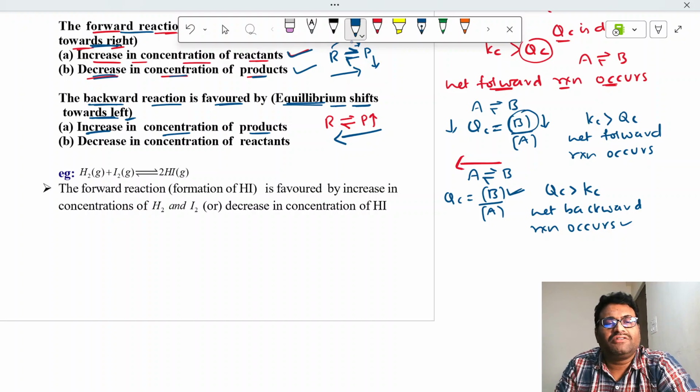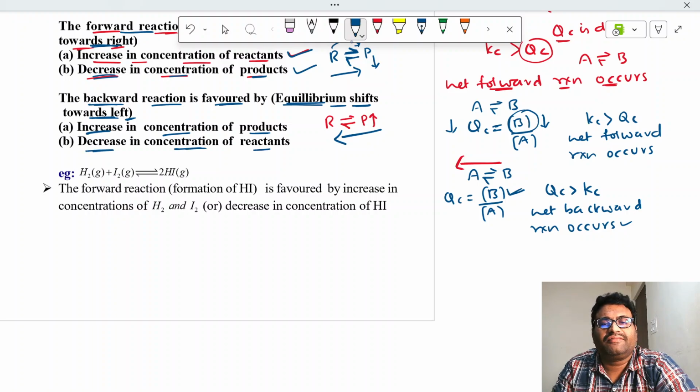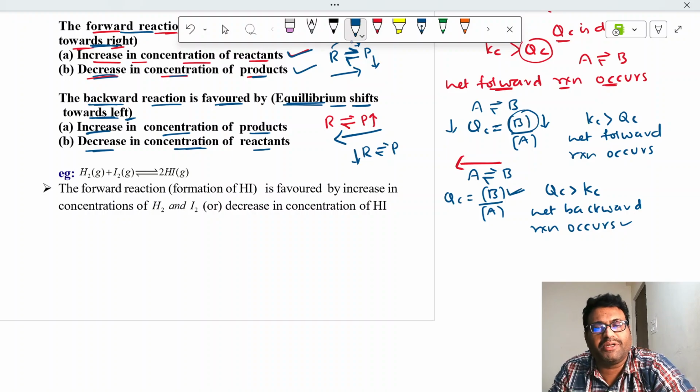Okay. Another way also the equilibrium can be shifted to left. What is that? Decrease in the concentration of reactant. Reactant gives rise to product. When you decrease the reactant, equilibrium is disturbed. So to attain equilibrium, some reactant has to be produced again. If it has to be produced, what happens?